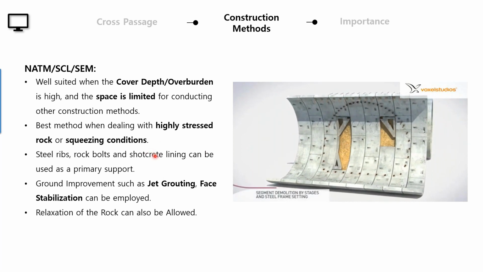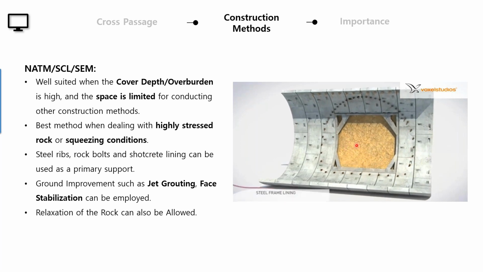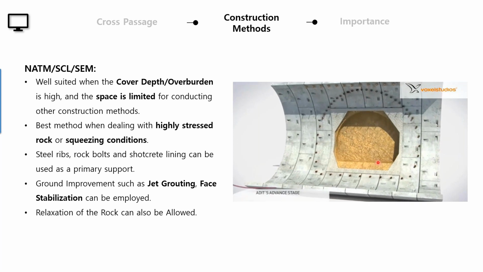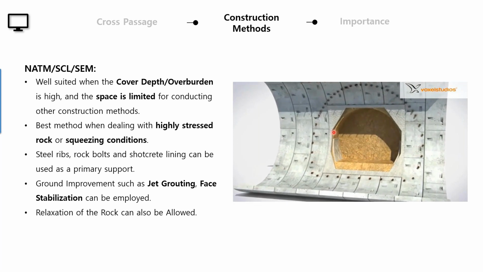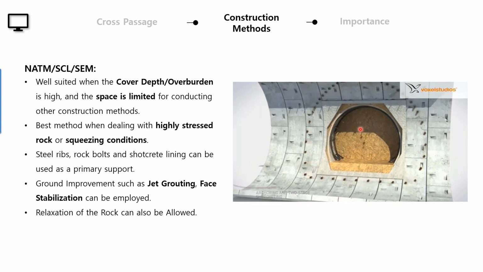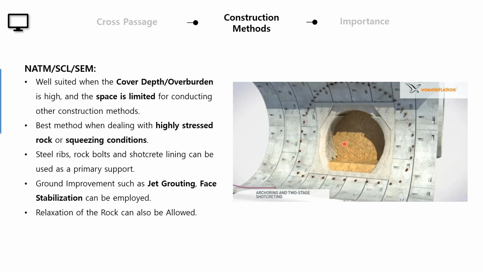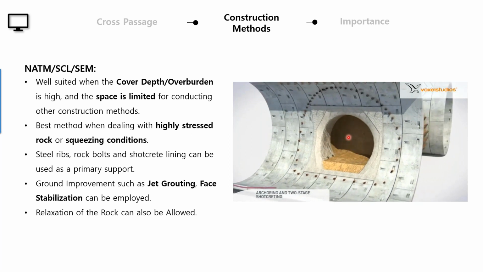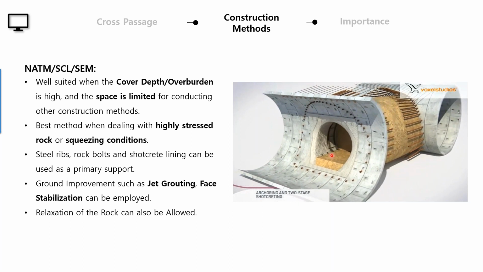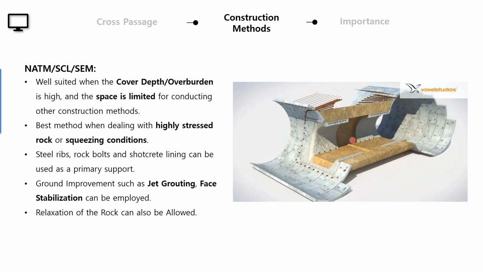And as a primary lining, we will use steel ribs or the shotcrete lining with rock bolts here for the excavation of the cross passages, and then later on segments. And then here, let's say if you are dealing with a huge stress concentrated zone, then you might experience the tunnel face collapse. In that case, it's okay to go for ground improvement techniques like jet grouting or face stabilization, which can also be employed using these techniques.